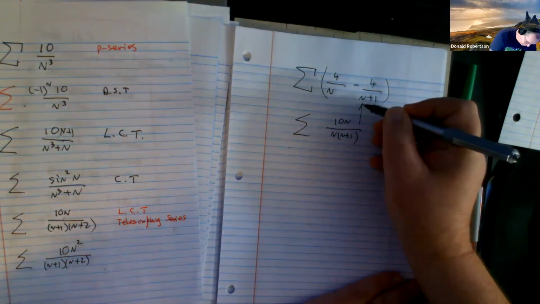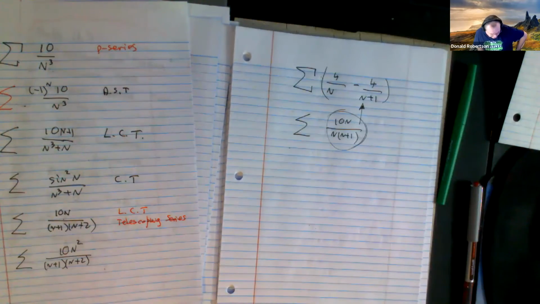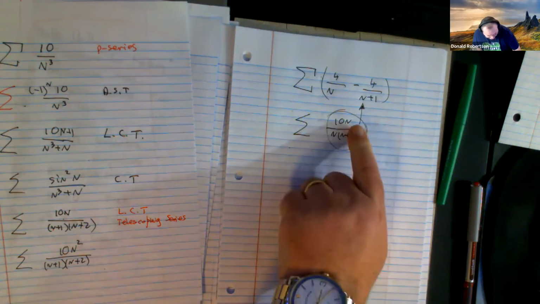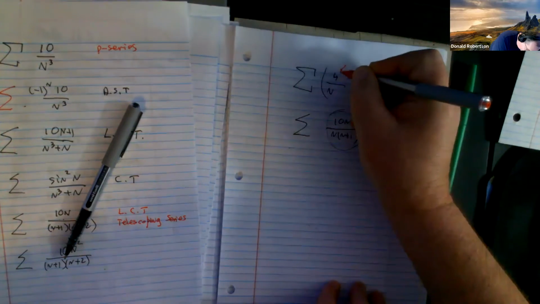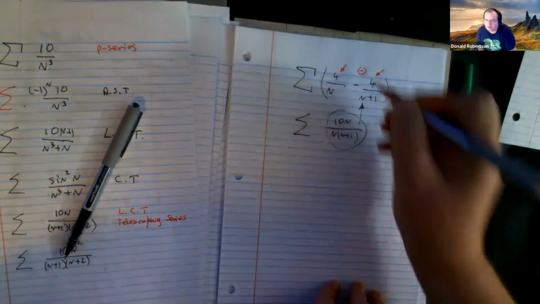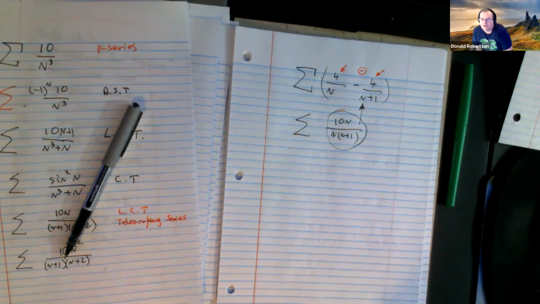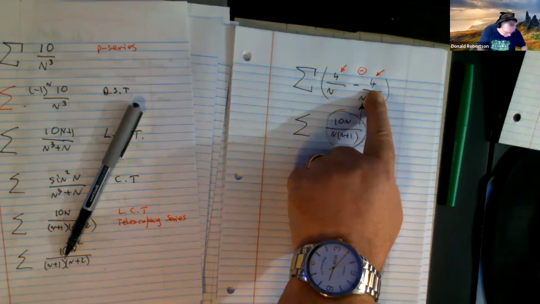And this always, I'm saying always, I'll take that back, I can think of exceptions. You will do the partial fractions, and if you get the same number at the top and a minus in the middle, then you've got a telescoping series. You could easily get a situation where that's 6 and that's 2, in which case the telescoping wouldn't work.